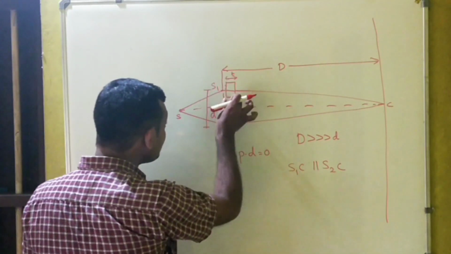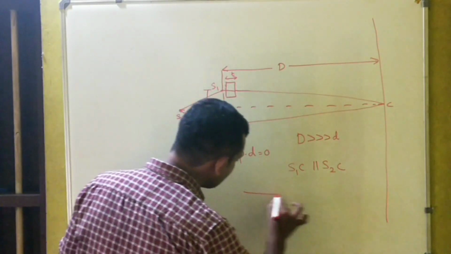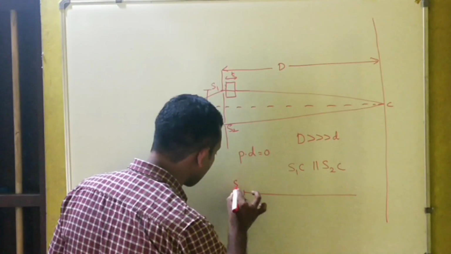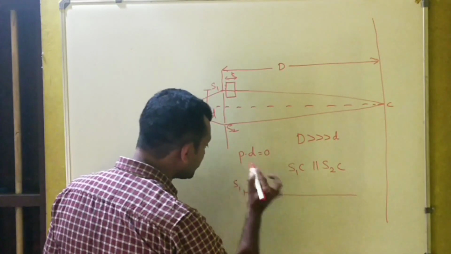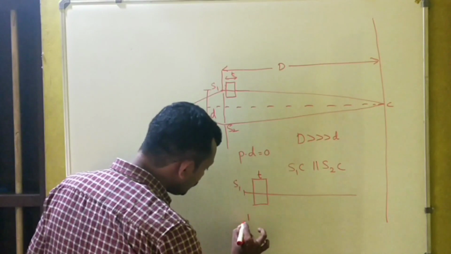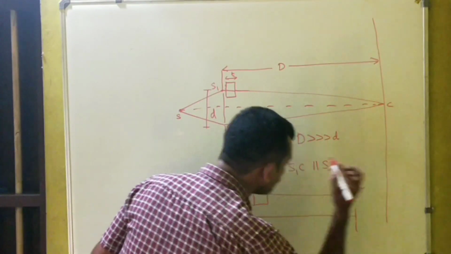The thickness of this transparent sheet is T. This is S1 with a transparent sheet in between of thickness T, and this is S2, and both are meeting at the point C.